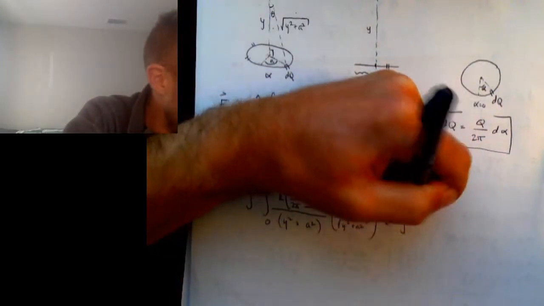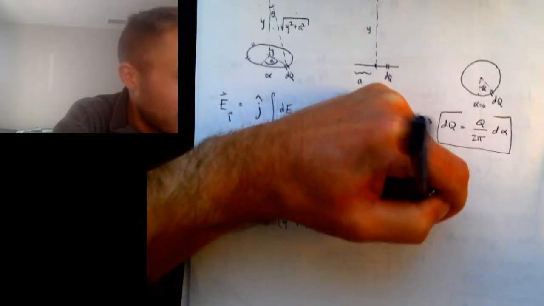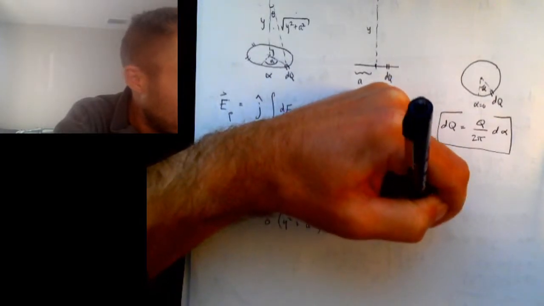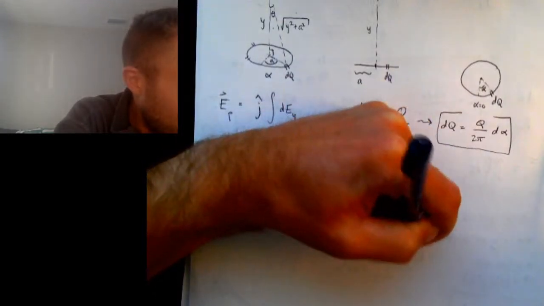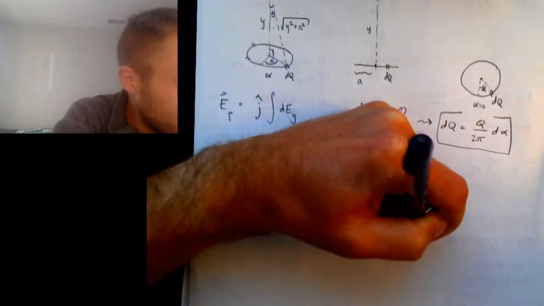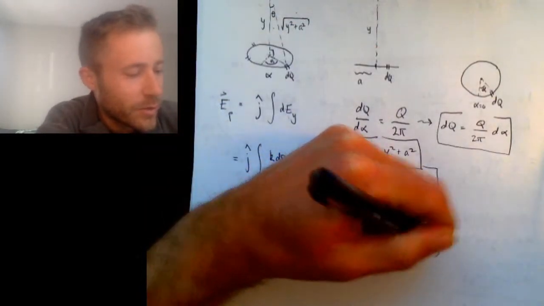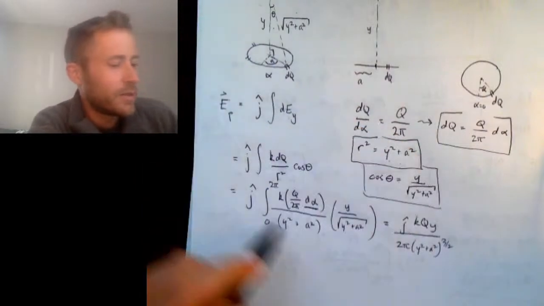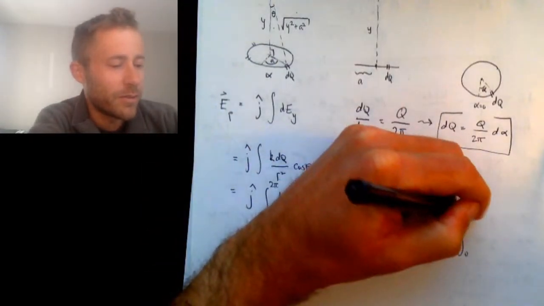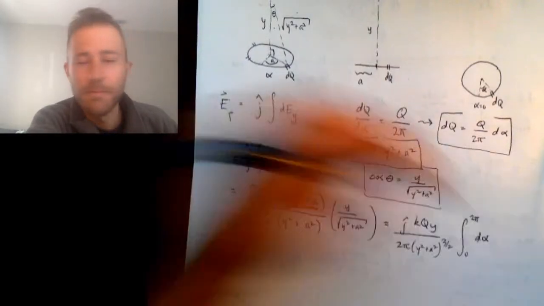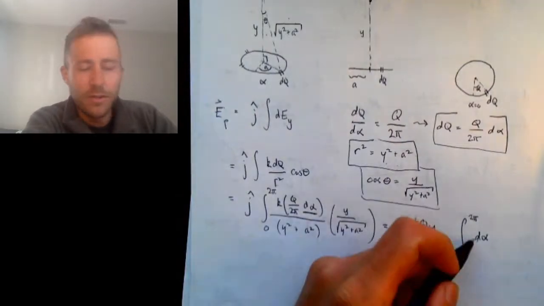So we get j hat times kq y over 2 pi times y squared plus a squared to the 3/2. So that's all the stuff that got factored out. And then I just have the integral from 0 to 2 pi of d alpha. This is a really easy integral.